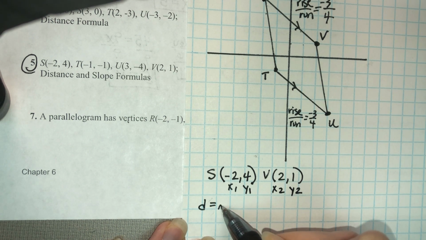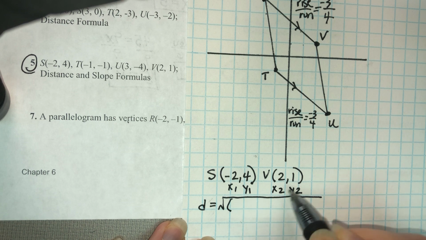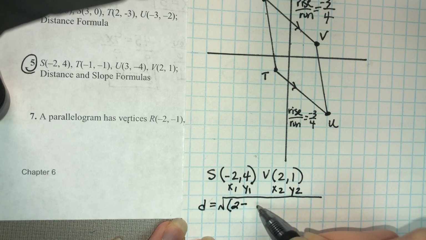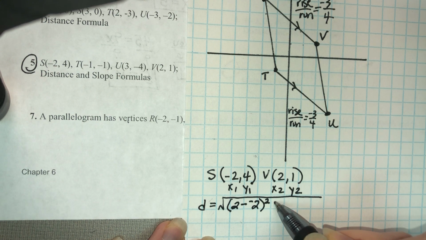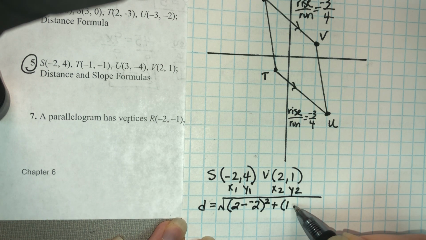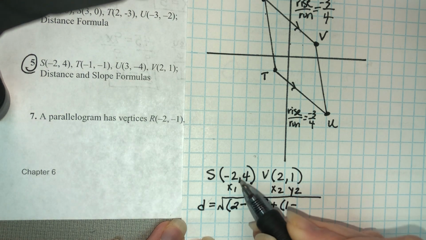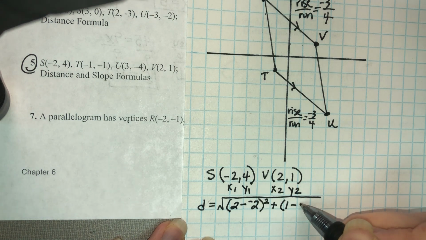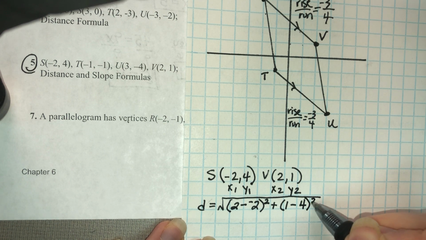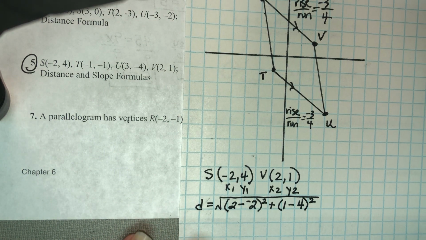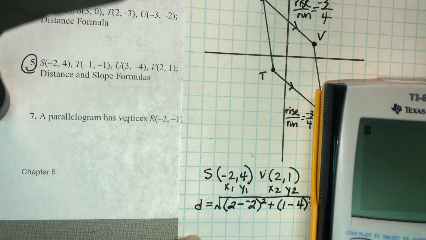The distance is equal to the square root of x2, which is 2, minus x1, which is negative 2, close parentheses, squared, plus y2, which is 1, minus y1, which is 4, close parentheses, squared. And we'll type that in to find out what the length of that line segment is.